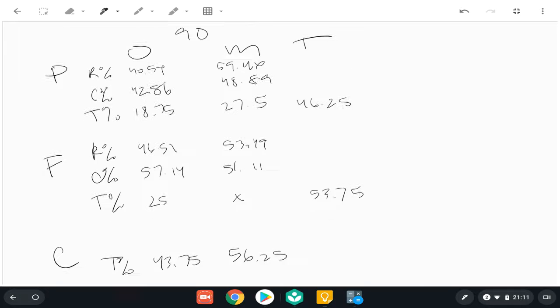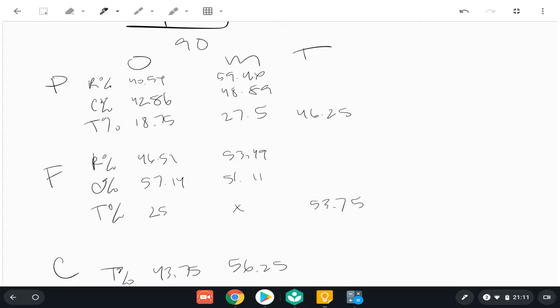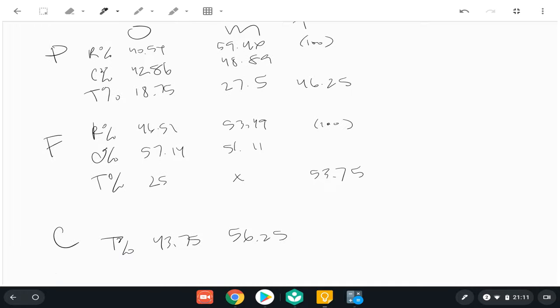Alright, so our relative frequencies. The rows always add up to 100, but this is something we should know and you can use to abstract the remaining thing. So this plus this equals this.